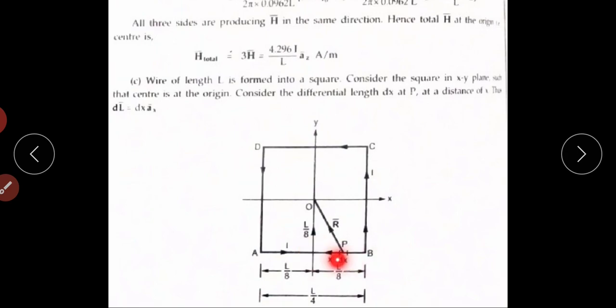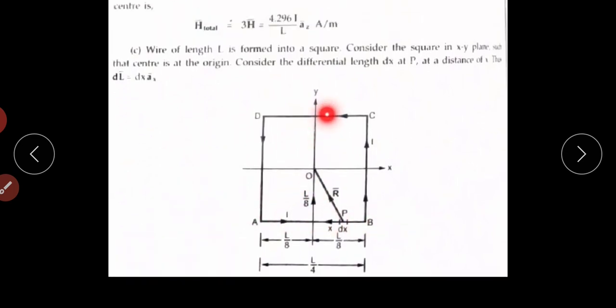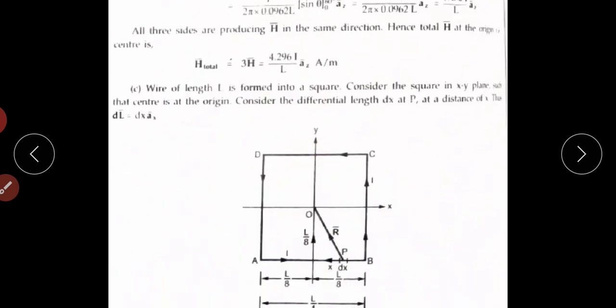The vector from the differential length to the origin is r bar. This r bar vector equals this vector plus this vector. This vector equals minus x into ax bar. The total length CB equals L by 4. Here the origin is the midpoint, so the length from the origin to this point equals L by 8.